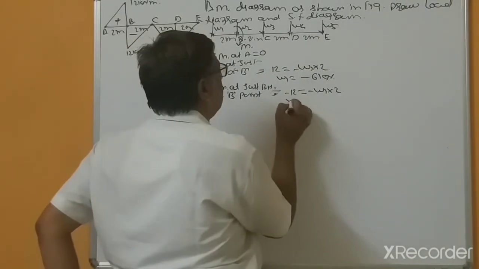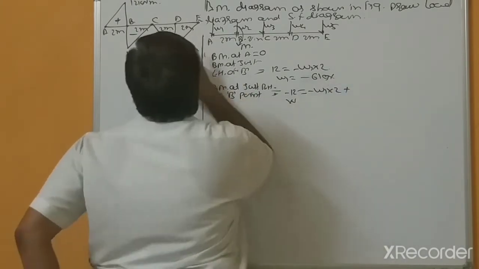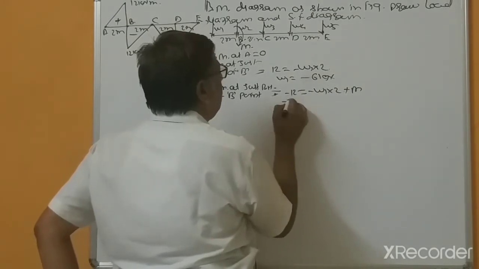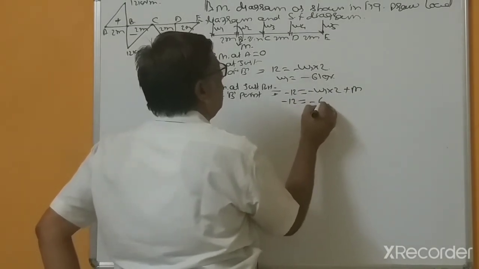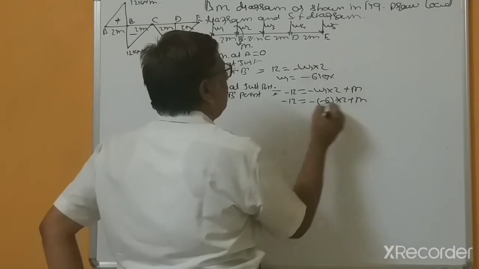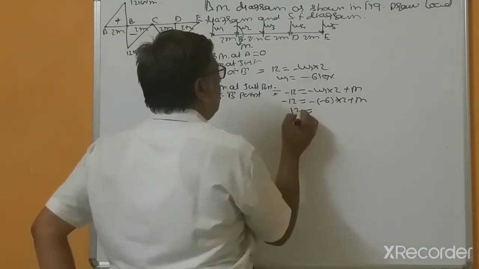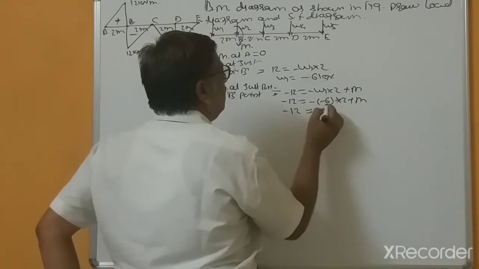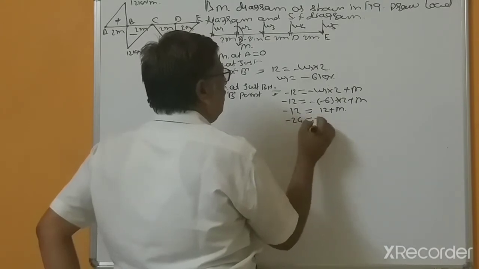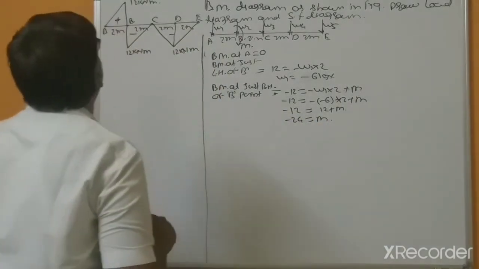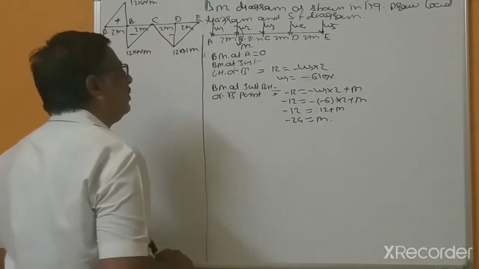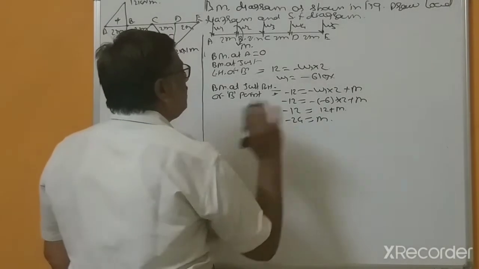So that's why plus, and this is moment acting, minus 12 into minus 6 into 2 plus M, minus 12, this is plus 12, 24 M, and this is minus, so we have to change this sign.